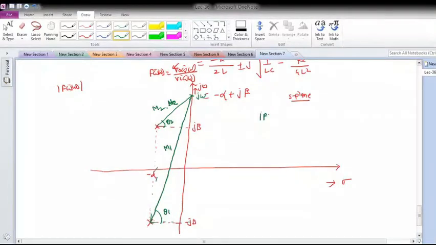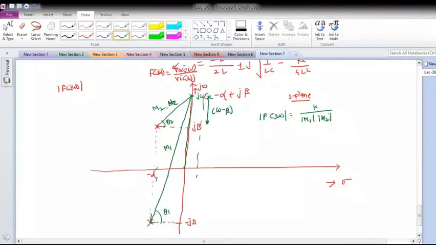So the magnitude of F of j omega will be some gain K over magnitude m1 into magnitude m2. How much is this length? This is omega and this is beta, so it will be omega minus beta.